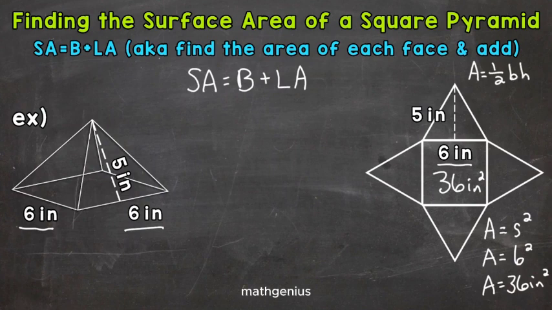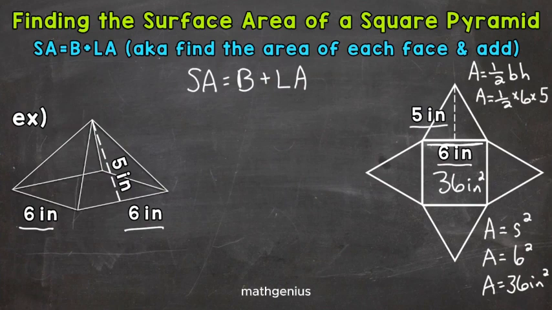Now you can also use base times height divided by 2. Multiplying by 1/2 or dividing by 2, same thing. Whatever formula you like to use for the area of a triangle. Now we plug in. So area equals 1/2 times the base of this triangle, which is 6 inches, times the height of 5 inches.